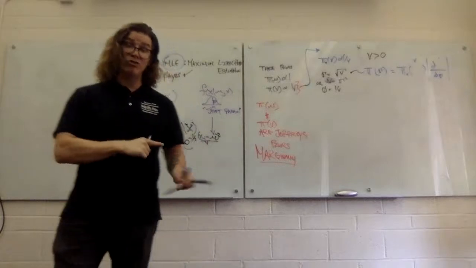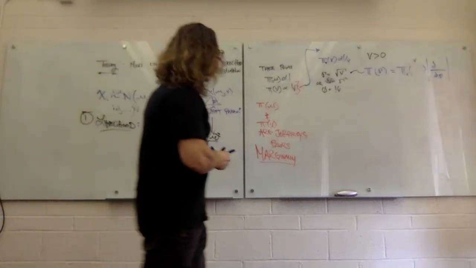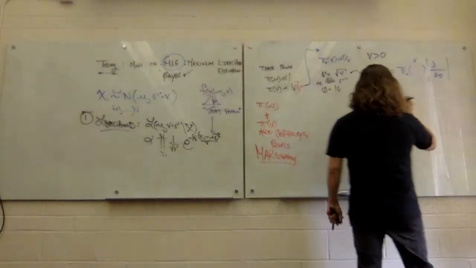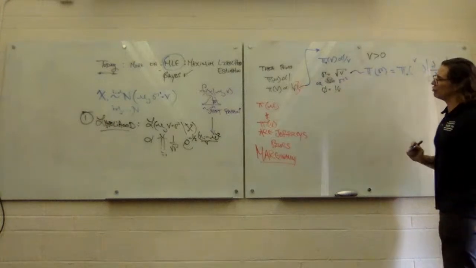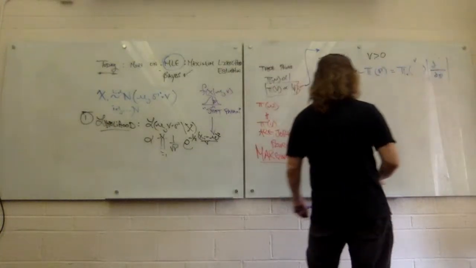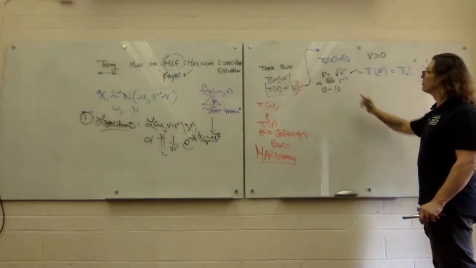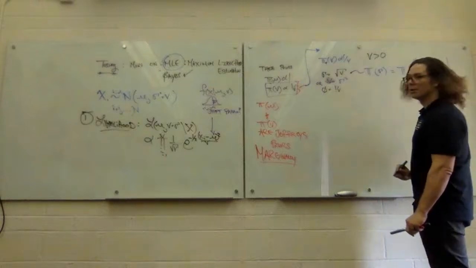I am creating a bijection because I'm only considering the positive side. So when I see a V in my original distribution, I plug in a sigma squared. So V is equal to sigma squared right here.